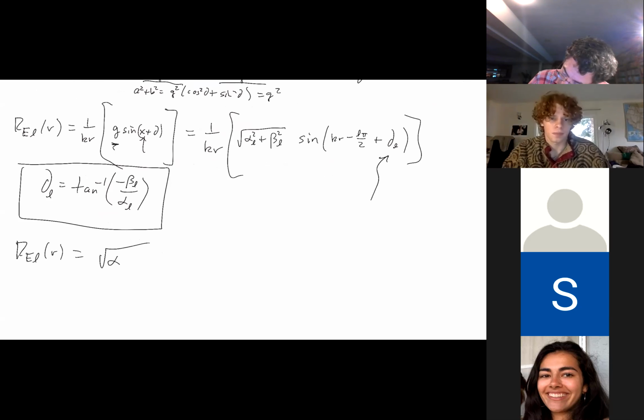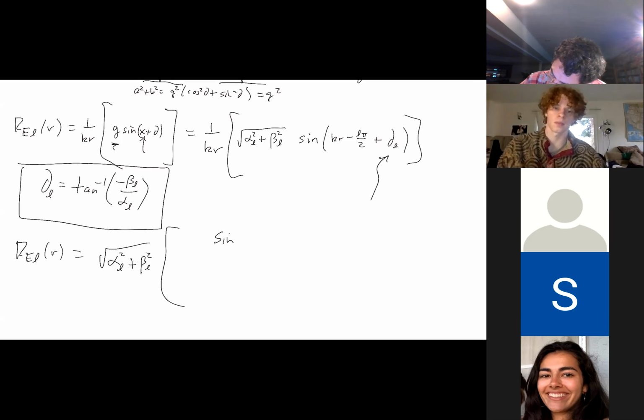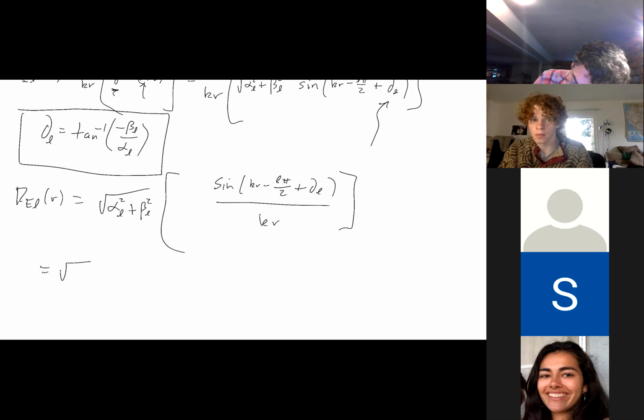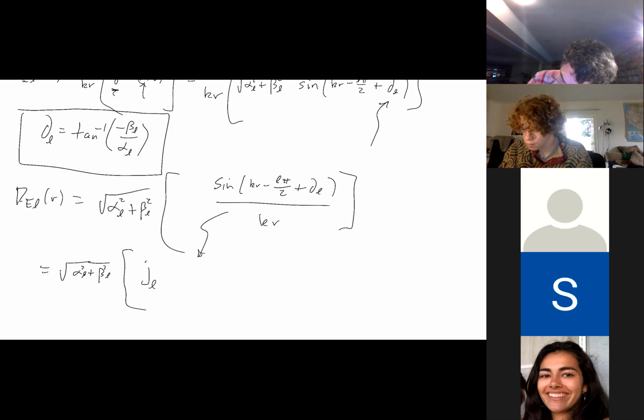We have square root of alpha L squared plus beta L squared, but then we have this thing, which is sine KR minus L pi over 2 plus delta L over KR, but this is exactly equal to this square root of alpha squared L plus beta squared L times, but this thing is exactly the same as JL of KR plus what?